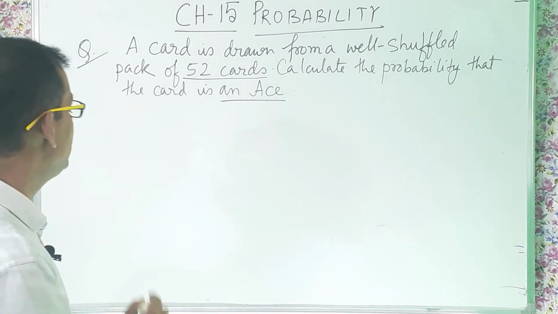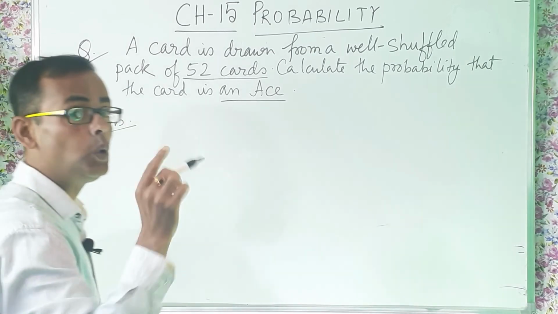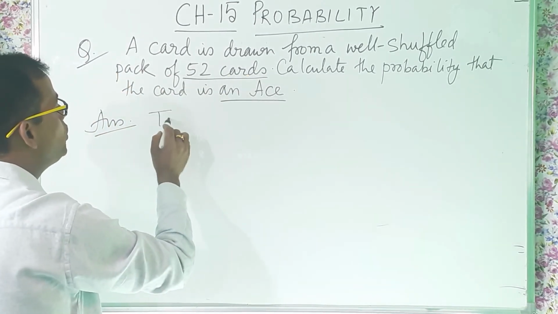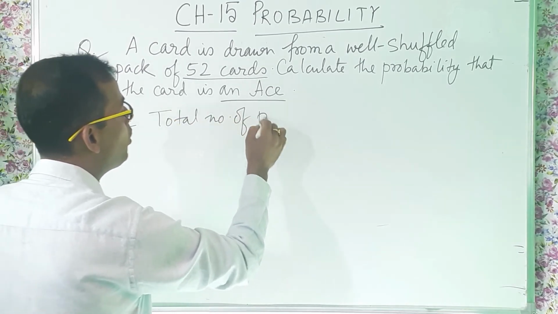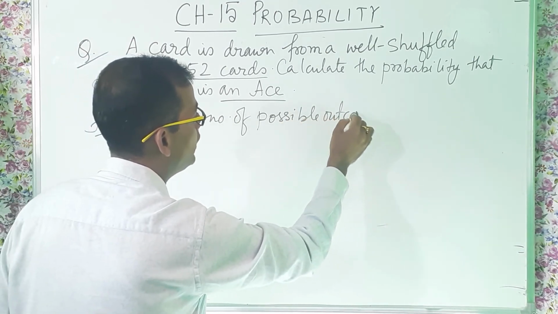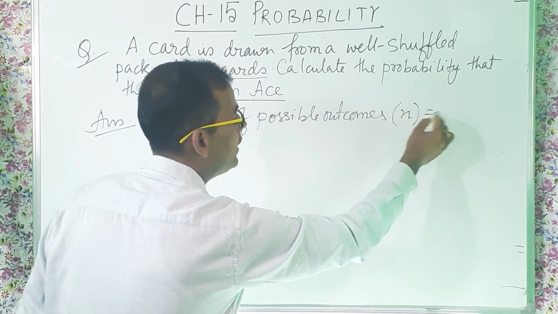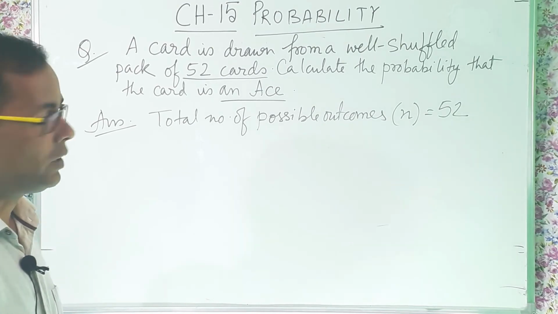Now if I want to solve this, first I have to find out the total. Total how many cards are there in the packet. So total number of possible outcomes, that is n, and n is 52.